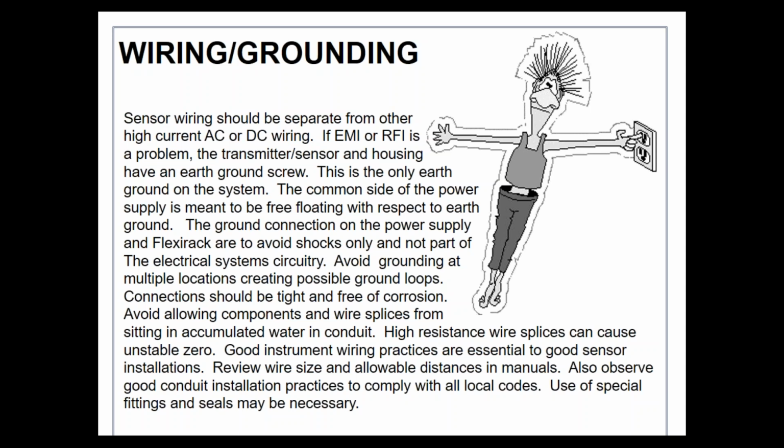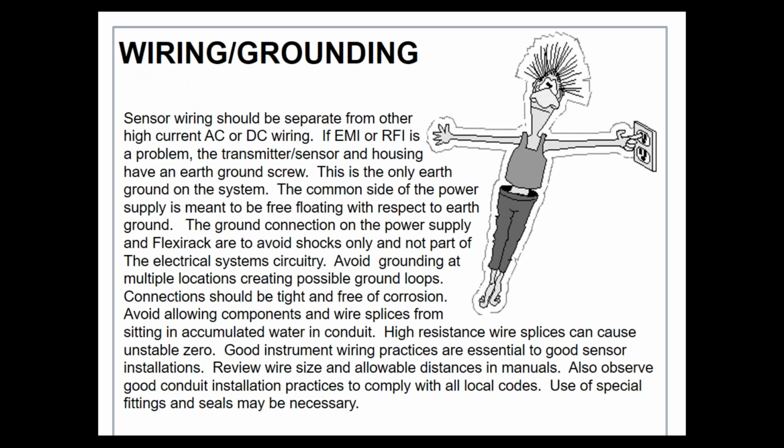Grounding is fairly simple. You try to ground at a central location. Most people install a power supply in their electrical room, and then they go out to the sensors from there, and they don't ground the sensors, so that you only have one earth ground at one central location and you don't induce a ground potential.